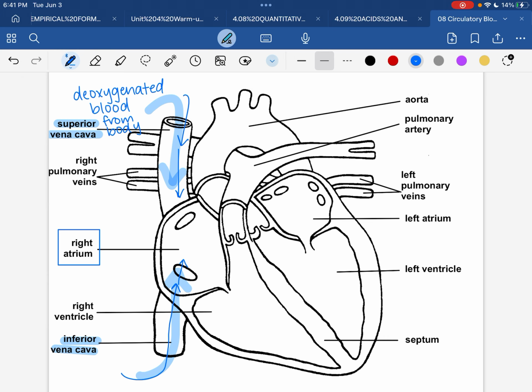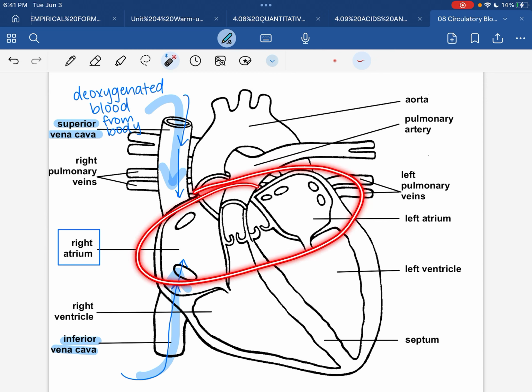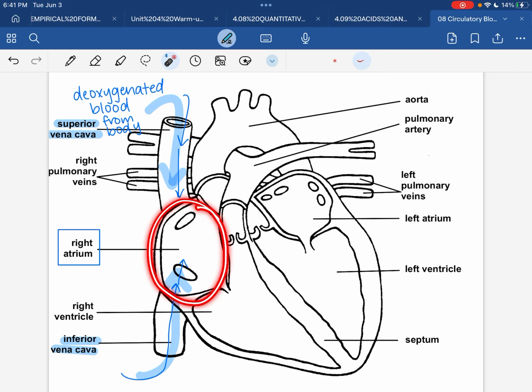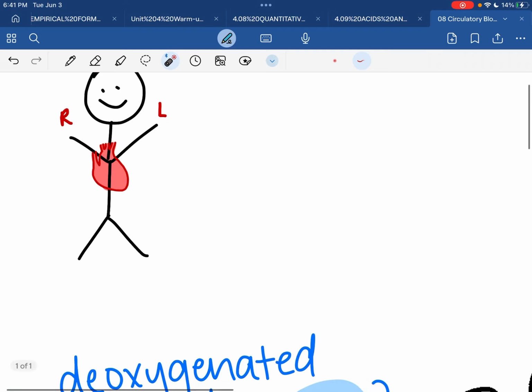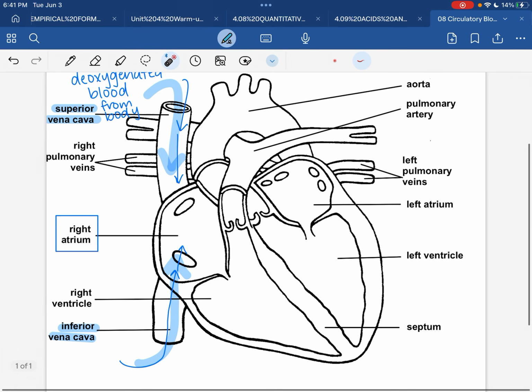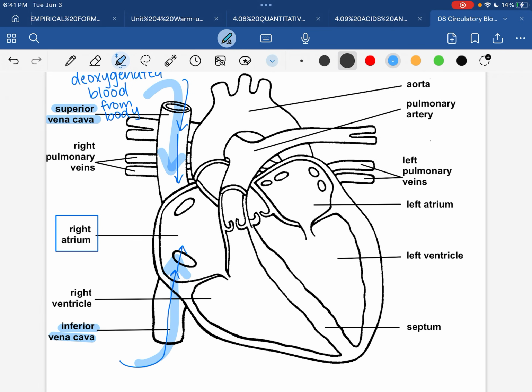When you're looking at a diagram, the atria, or atriums, will be the top part of the heart, with the right atrium being on our left side, but again, that's just because we're looking at Buddy. The right atrium will be up in this quadrant over here.